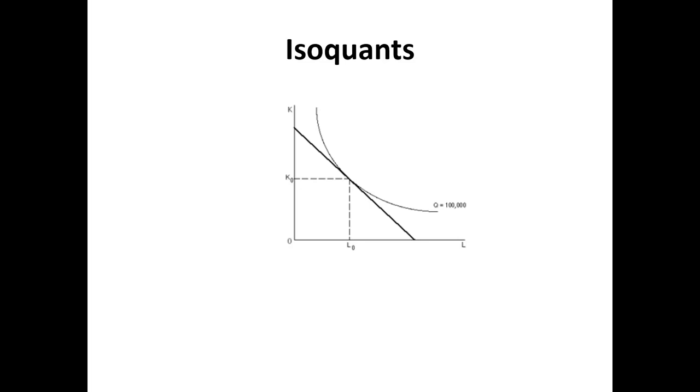A point where production is optimal. So this point occurs when the marginal product of labor divided by its what? Its wage should be equal to the marginal product of capital divided by the rent. So we'll see how the computations are done.